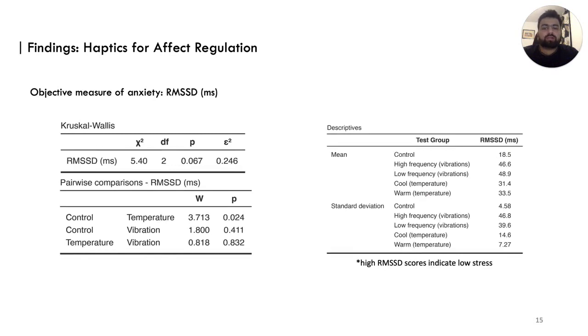For the objective measure of stress, we found that the main effect of haptic patterns on RMSSD was approaching significance. The mean values under temperature or vibration patterns were higher than the RMSSD under no haptic patterns, indicating again lower stress for those participants experiencing haptic patterns.